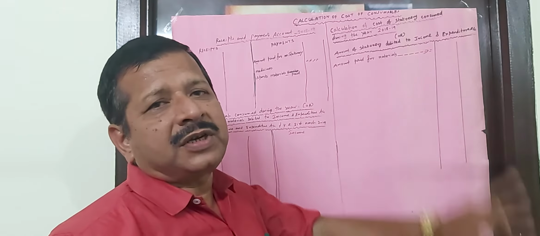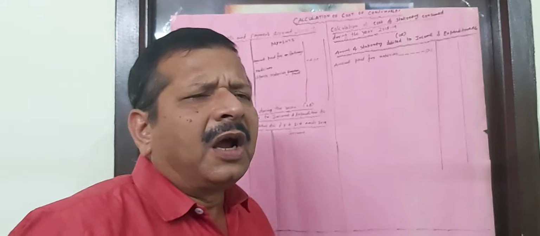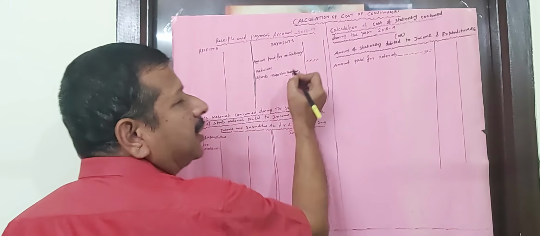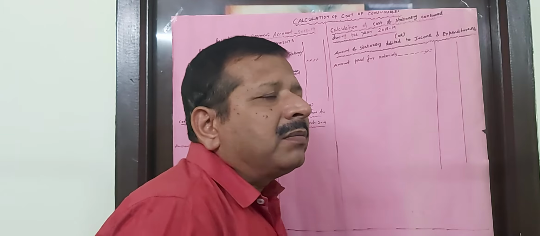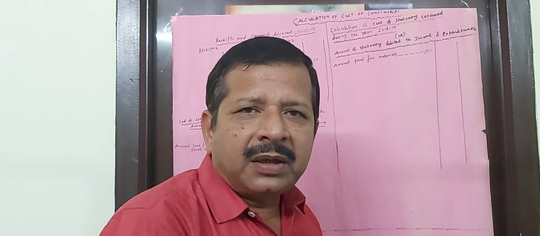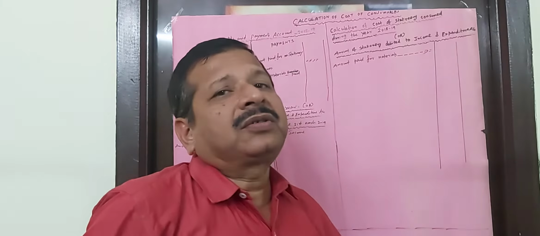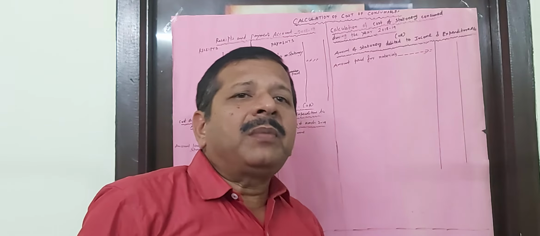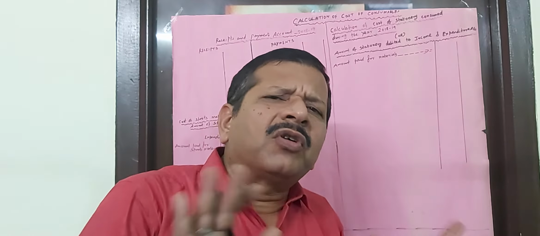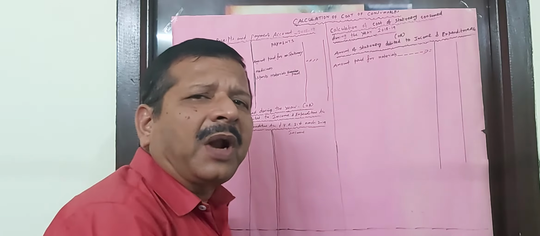Stationery means pen, pencils, eraser, all these things are called stationery. The receipts and payment account knows only how much amount we have paid. Maybe we made a cash purchase, or we might have paid the amount which was pending from last year, or that amount may belong to stationery purchased for the current year. You don't bother about all that. Here, the amount paid for stationery will be given in the problem.